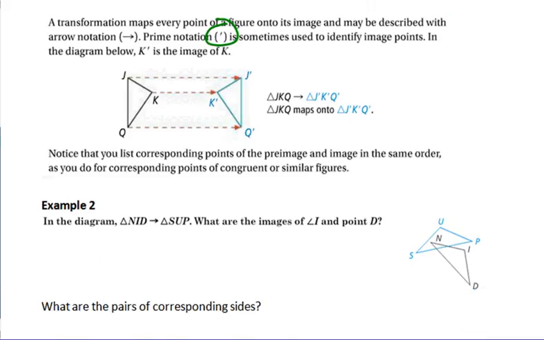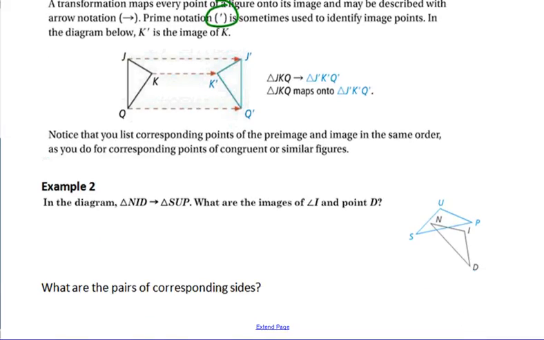All right, and I have one more example here. In the diagram, triangle NID maps onto triangle SUP. What are the images of angle I? And actually, order matters again. So it would be angle U, and angle D would then go with angle P, just like when we talked about congruent and similar triangles. Corresponding sides would be here as well.